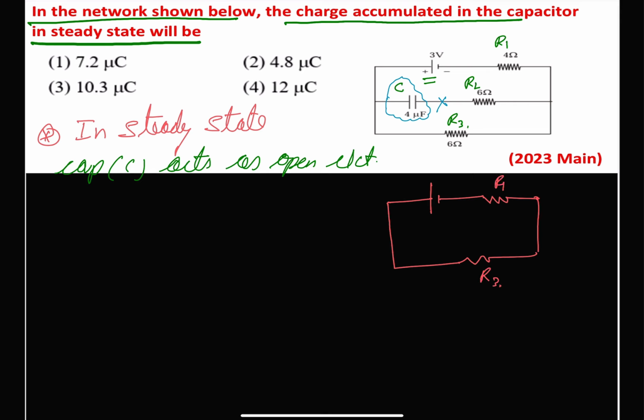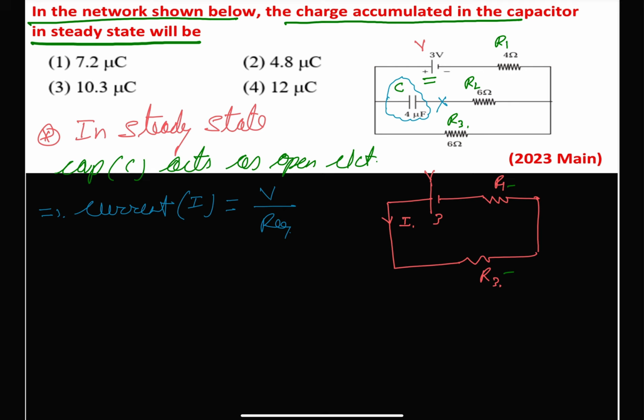Let us suppose we call this V, which is our 3 volt, and the current in the circuit, let us call this I. So this current I is only dependent upon our R1 and R3, because R2 is not in the picture. It is open circuit, no current is flowing through it. Therefore, current I will be equal to supply voltage V divided by R equivalent, and R equivalent will be equal to R1 plus R3.